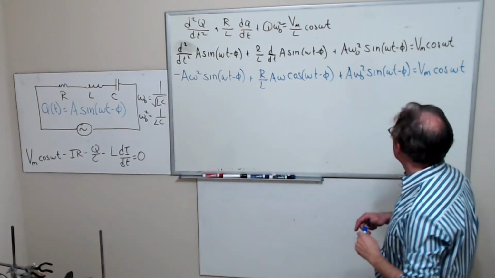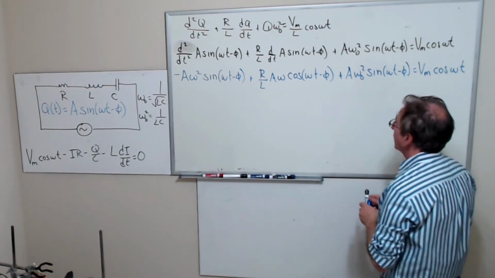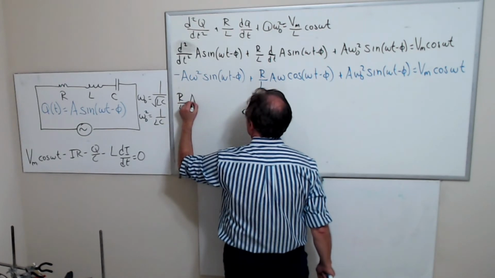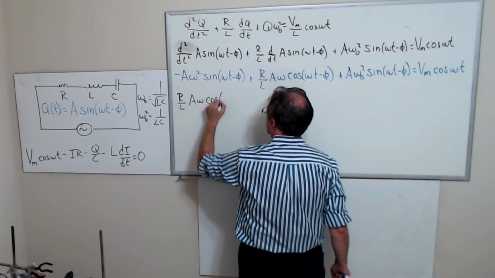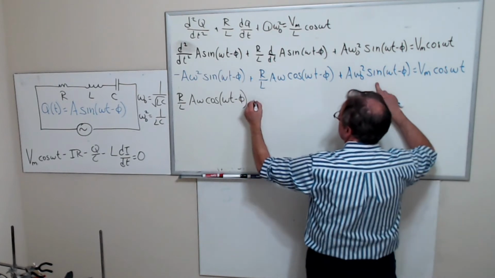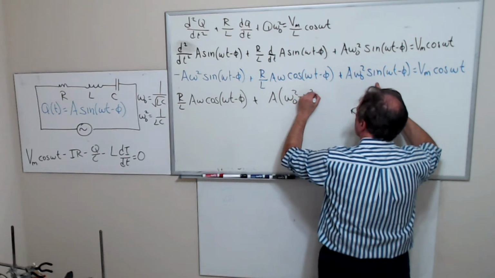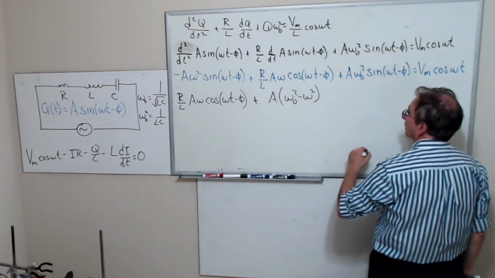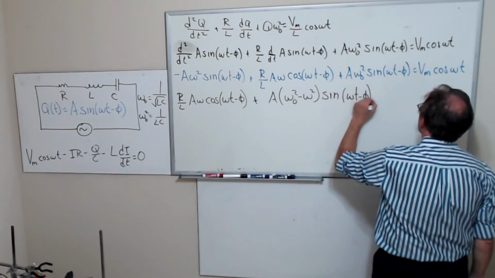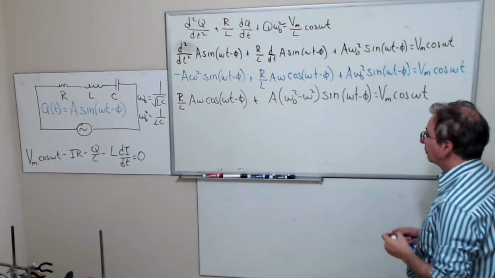What I'm going to do is collect these two terms together. So let me rewrite this. And when I collect these two terms together, I'm going to plus Okay, so what am I doing?